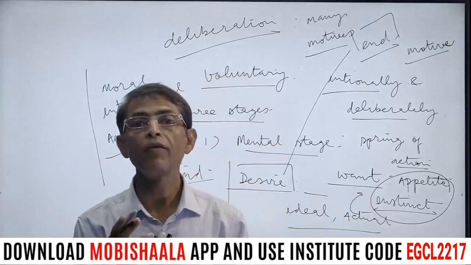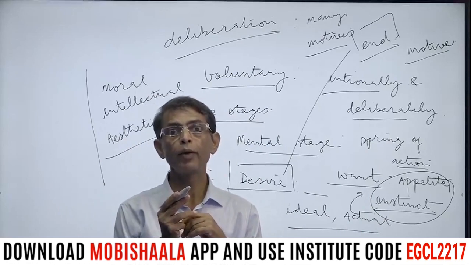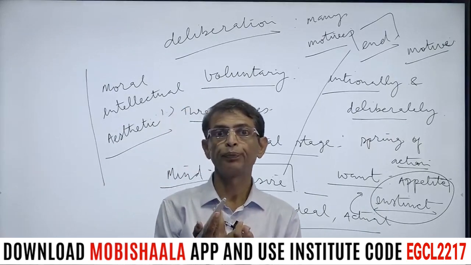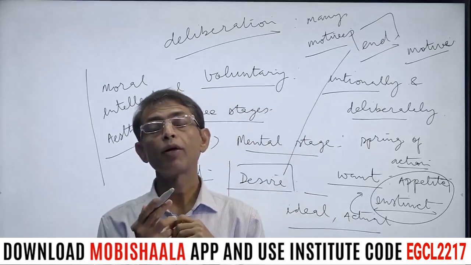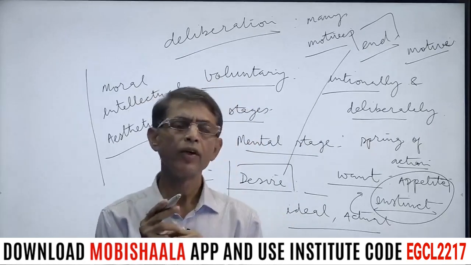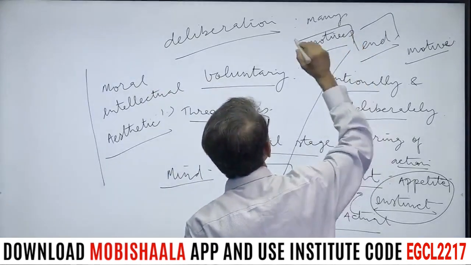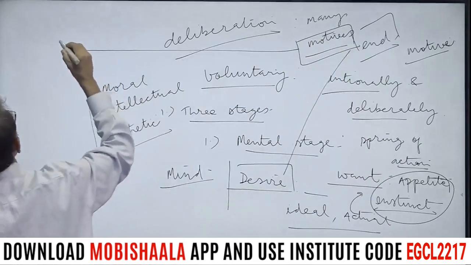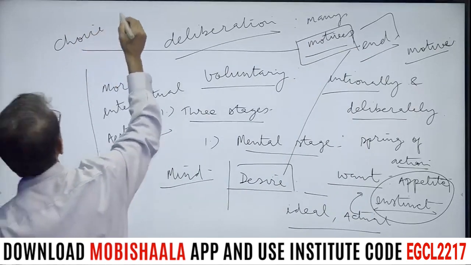So deliberation is a weighing of the different motives and examining the pros and cons of that particular action. So he examines all pros and cons, weighs in a balance, and decides one motive. And once the motive is decided, that's known as a choice or decision.